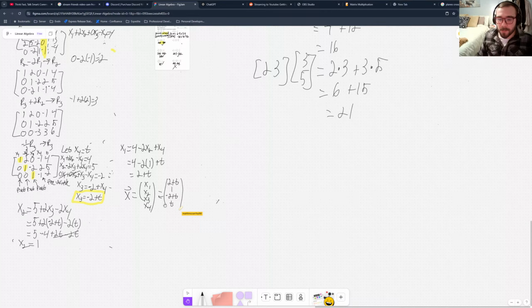And so we're just going to pull out the stuff that has to do with t from the stuff that doesn't have anything to do with t. All right? So that would be 2, 1, negative 2, 0. Because x1 has a 2, 1, no t, negative 2, 1 t, and then there's just t here, so it's like 0 plus t, right?